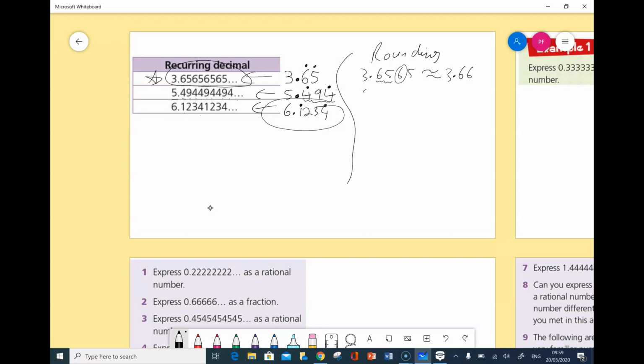The next one, 5.494944: for 2 decimal places, the number afterwards is under 5, so it stays the same, just 5.49. And 6.1234, 1234, to 2 decimal places would be just 6.12. But it's always more accurate to write it the recurring way, because rounding, as you can see from my wavy equals sign, is just an approximation.